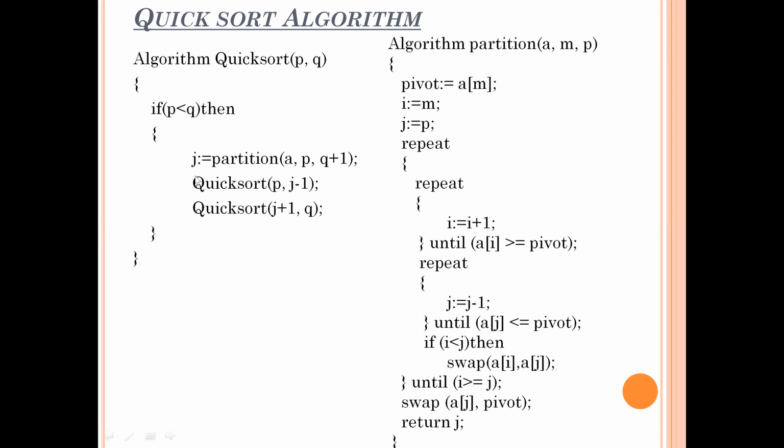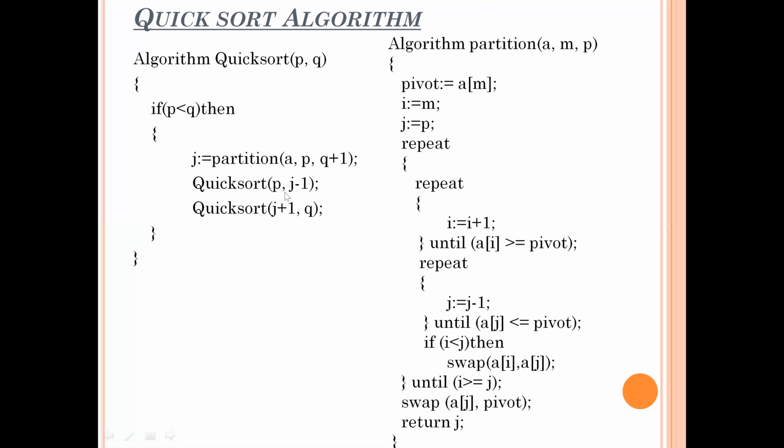So now if you get the J, then what can you do? Again, you can call the quick sort for the starting index P comma J minus 1, for the left sublist, and quick sort of J plus 1 comma Q for the right sublist.